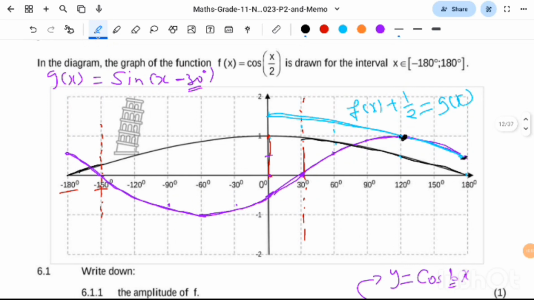So we realize that because this was half, it will come and sit here. Because this was at 0, it will come and sit at half, which makes this point and that point equal to g of x.